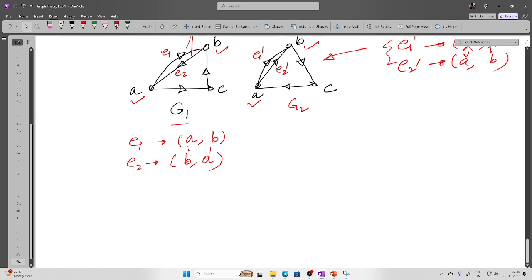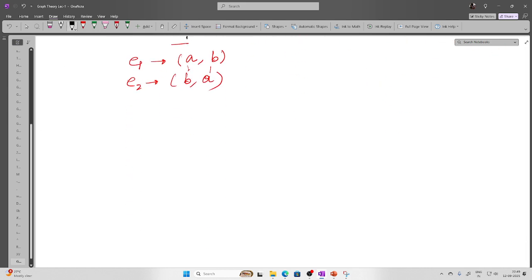And the last terminology which you should understand is called adjacent edges. So this was your fourth, and the fifth one is adjacent edges. So what are adjacent edges? Here I'm drawing one graph.